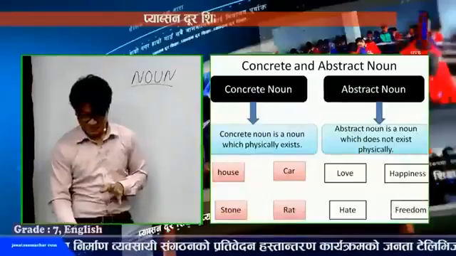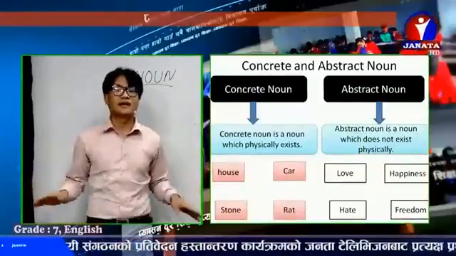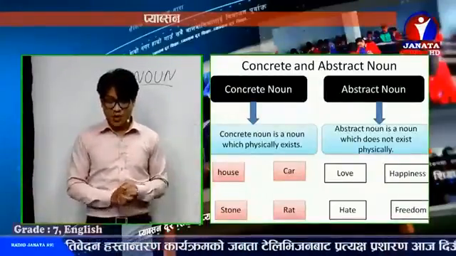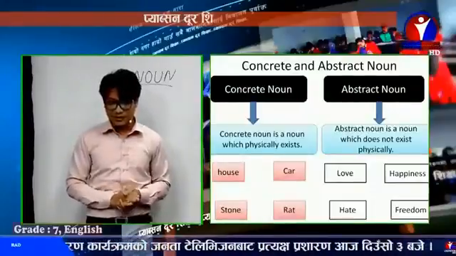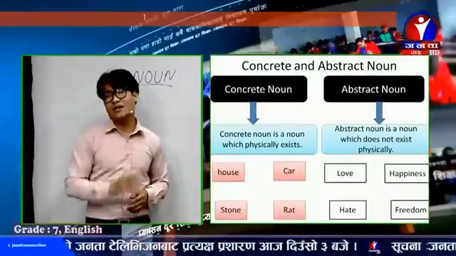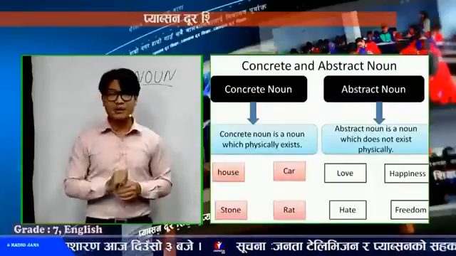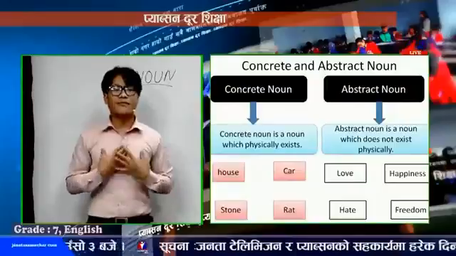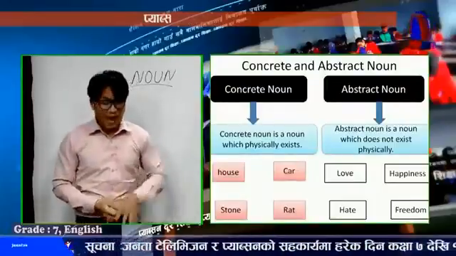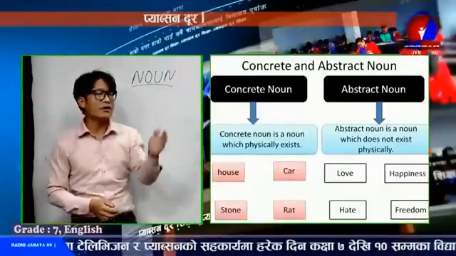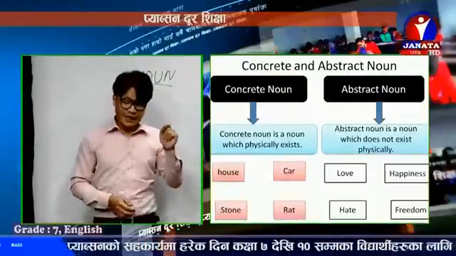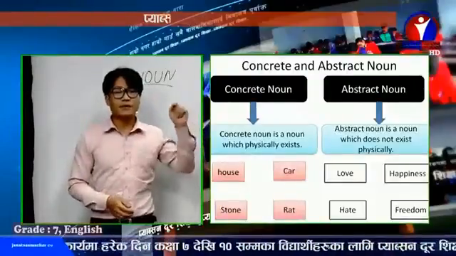Hate, freedom, these are abstract nouns. Once again, let me brief it. An abstract noun is a noun which cannot be touched, which cannot be seen, it can just be felt. And on the other hand, a concrete noun is a noun which can be touched, which can be seen.